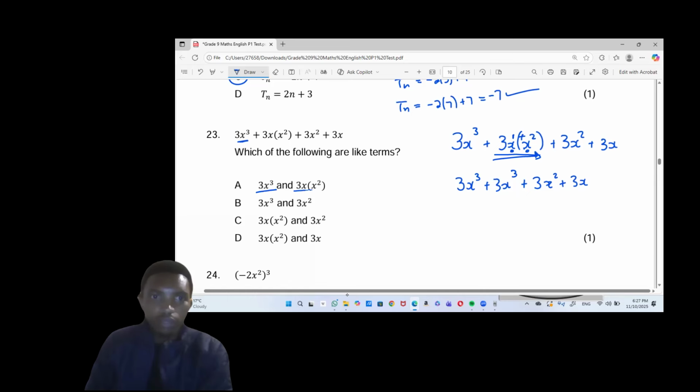Are these two like terms? This one here and that, are they like terms? Yes, they are like terms, because if we simplify this one here, it gives us a variable with an exponent of 3, which is that one and that one. So our A is correct.